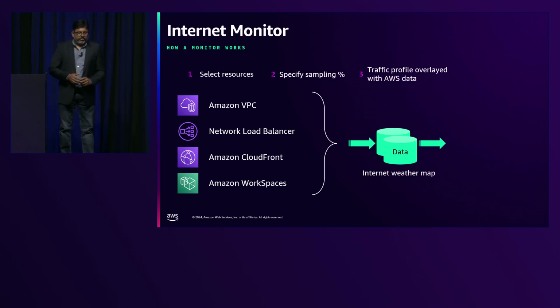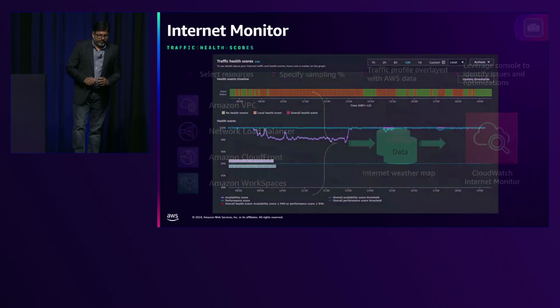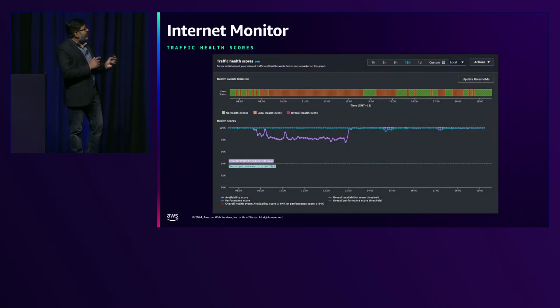Next, we overlap this traffic profile with the internet weather map data, which is data AWS keeps collecting over time from different edge locations, different internet providers, and various other locations. By overlapping your traffic profile with this internet weather map data, Internet Monitor provides you with real-time insights and optimization suggestions right in the console, which will help you enhance the performance for your end users. So how does it look from the dashboard perspective?